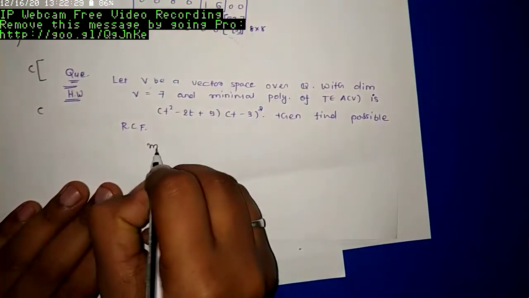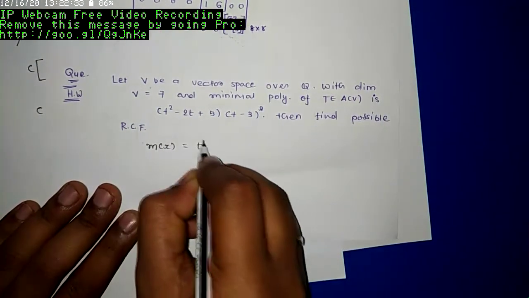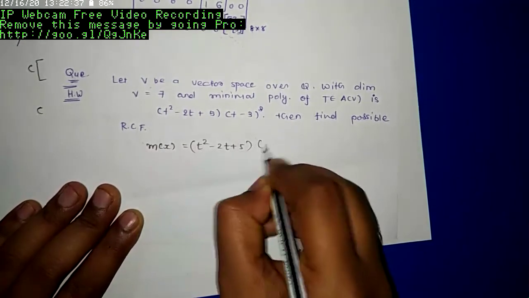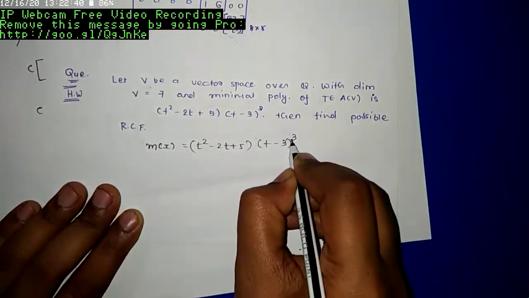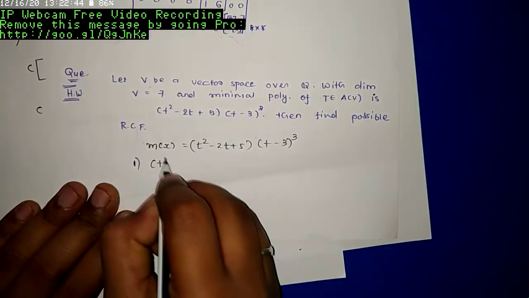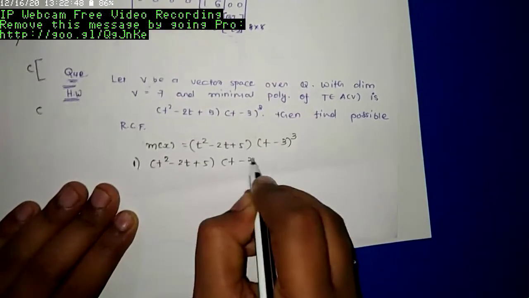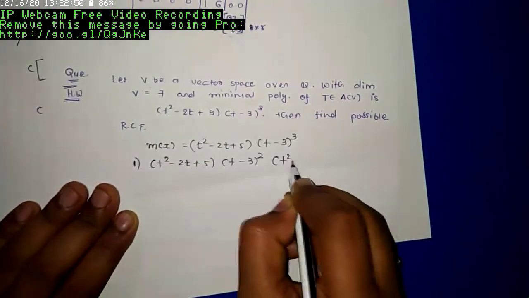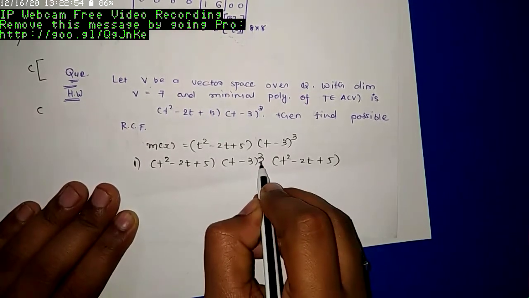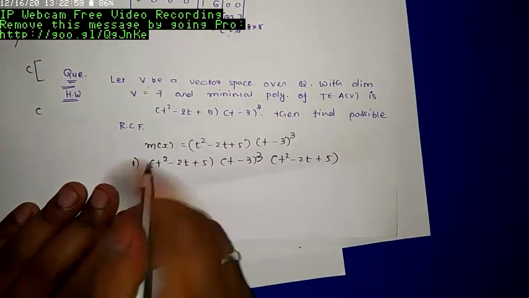I give one hint. Your minimal polynomial is t square minus 2t plus 5 and (t minus 3) cube. So the first possibility is t square minus 2t plus 5, (t minus 3) square and t square minus 2t plus 5. So this is 3 degree, this is 2 degree, plus this is 2 degree, so 2 plus 2 is 4, plus 3 is 7.